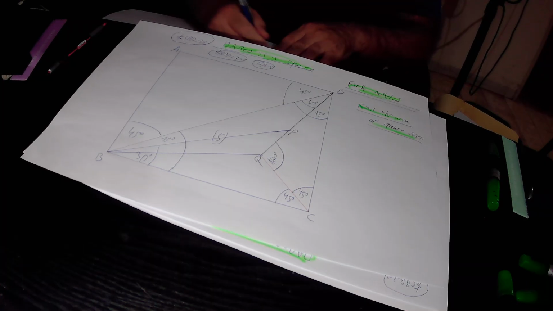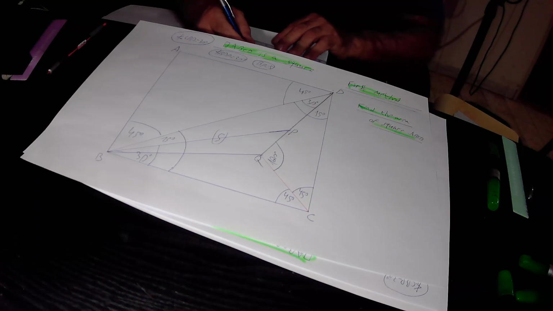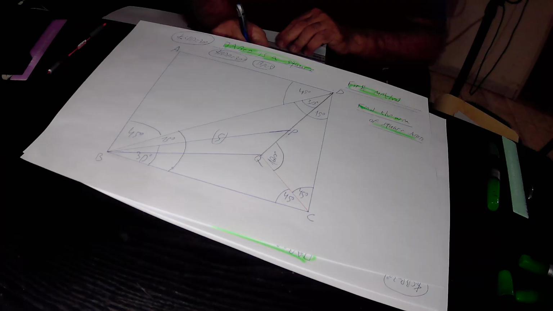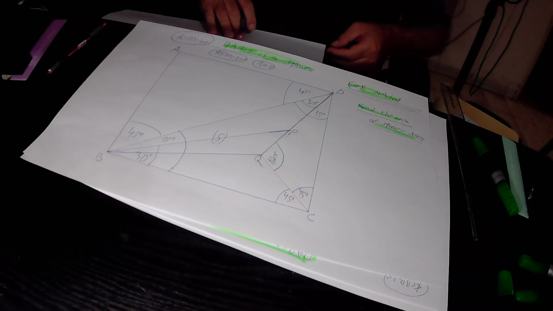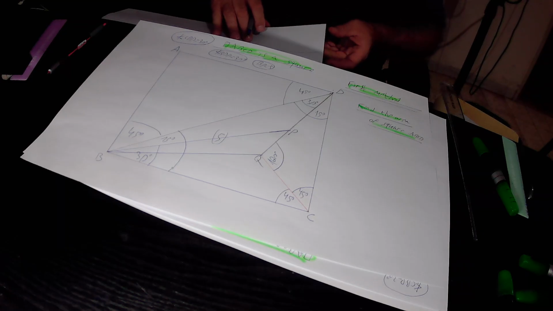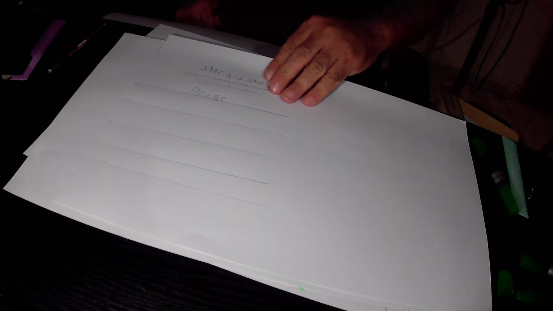So DC equals BC. Repeat again: side DC of triangle DQC equals side BC of triangle BQC. They are both sides of a square, therefore they are equal.